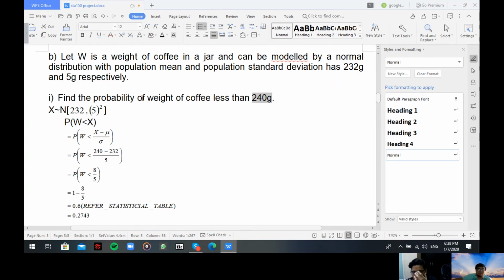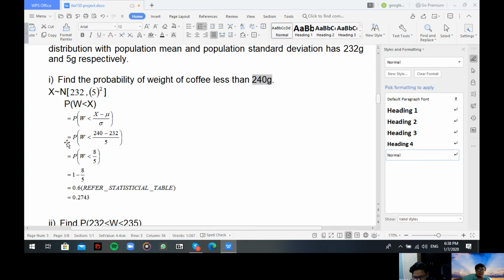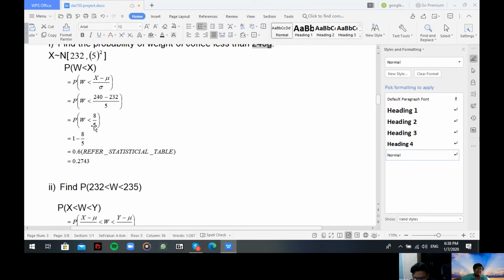So weight is W, right? So you need to put P(W less than 240), and then you will get P(W less than (240 minus the mean) divided by the standard deviation). So you will get 8 over 5.